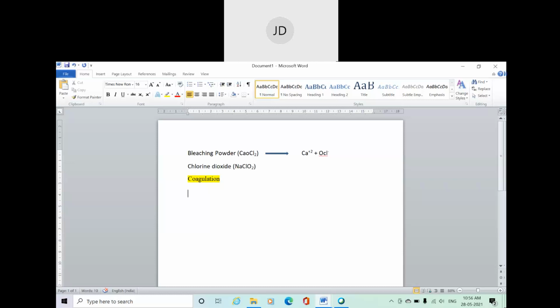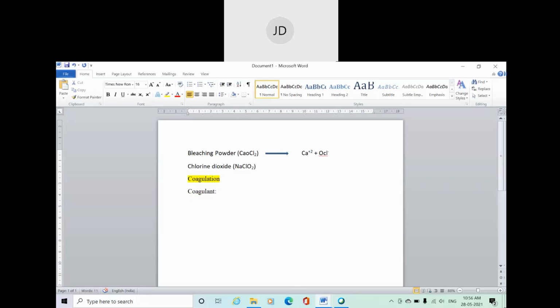They form a kind of heavy matter, and they get settled at the base. So that particular chemical that can be used in a coagulation process is known as a coagulant. So coagulant is basically the chemical that can be used in the coagulation process.